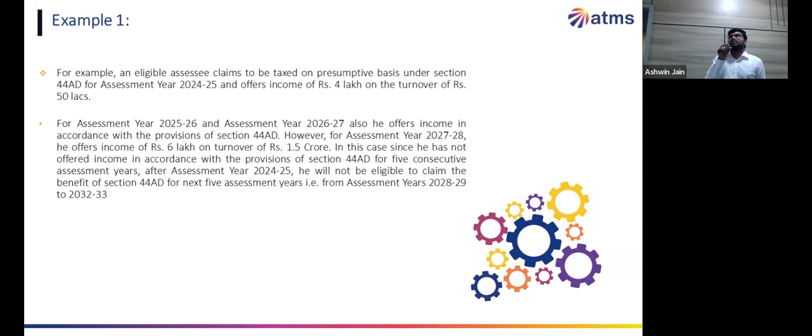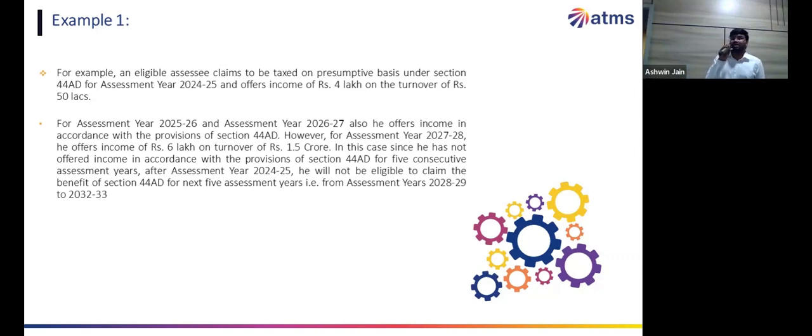Since we have not offered income in accordance with the provisions of section 44AD for 5 consecutive assessment years after assessment year 24-25, that means 24-25 is the first year, so from 24-25 for 5 years we had to show income under 44AD, and we did not.